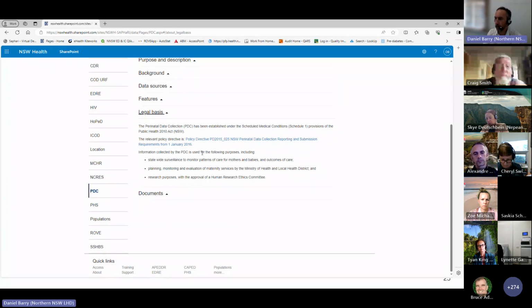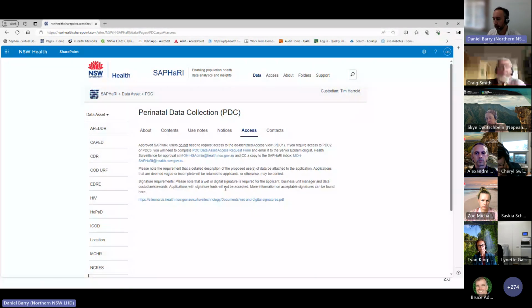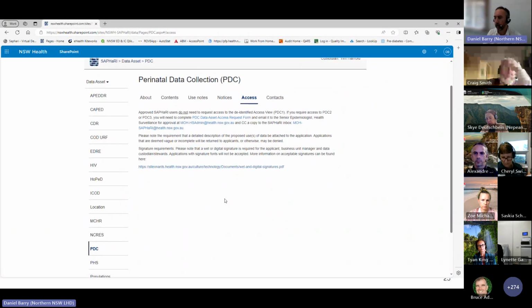And it also shows you the use purposes for the data asset. And then you can also find contacts, which I won't dig into right now, but also the ability to access the data asset on the one website. So it's a good place to look to get access to a range of data assets at once and see what they hold, what they can be used for, and how you can access them.